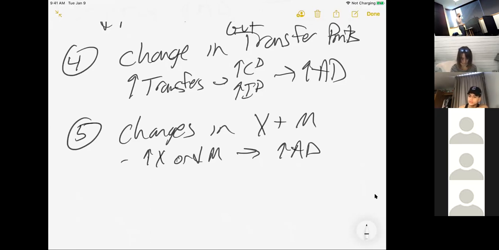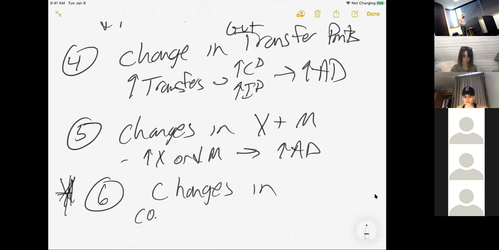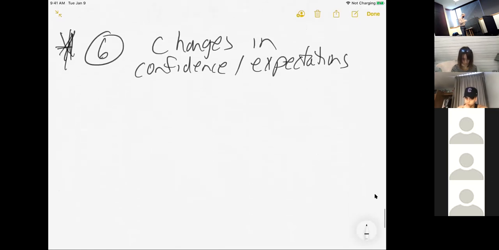There's one last thing that I want to talk about, and I'll put a star by this one because I think this is going to be an important one as we move forward, talking about why recessions occur. Changes in confidence, consumer and firm confidence, or changes in expectations.